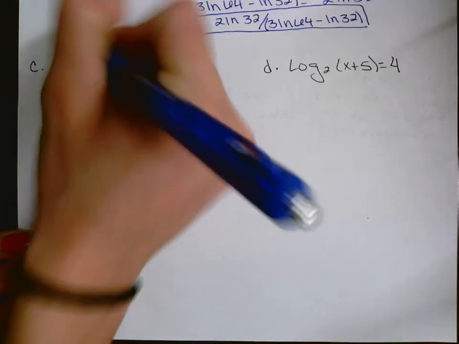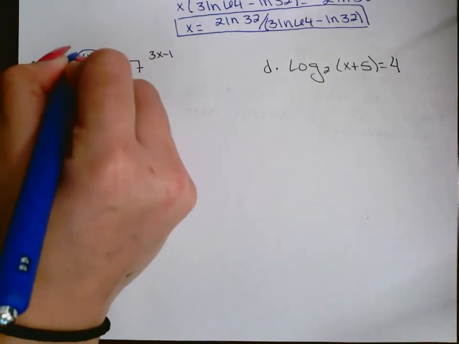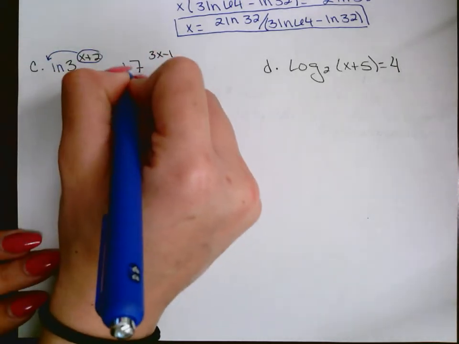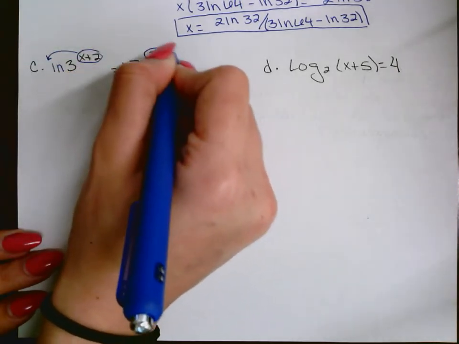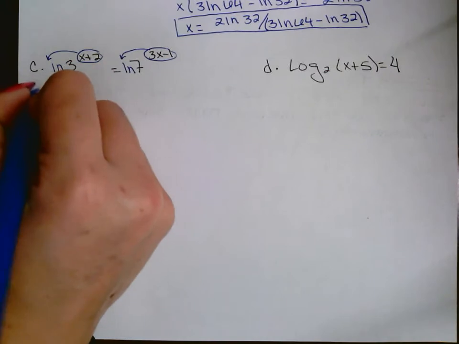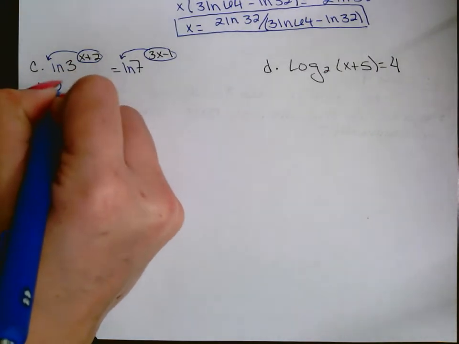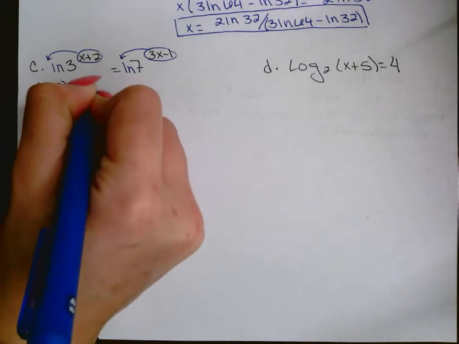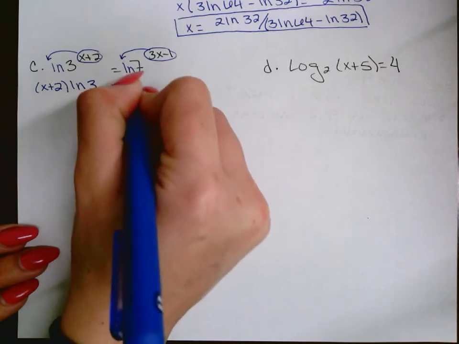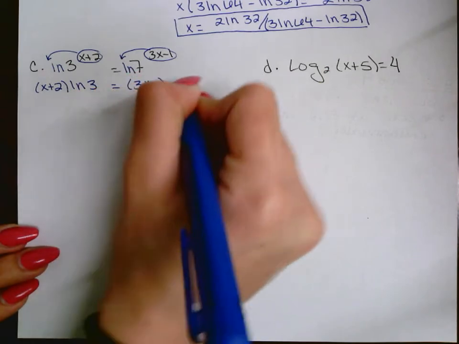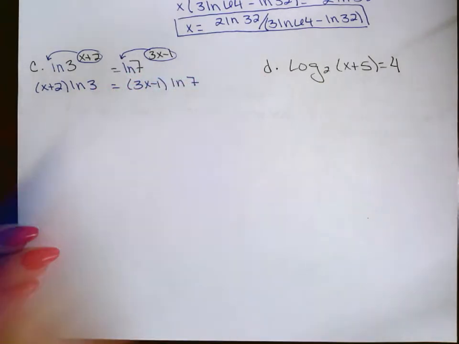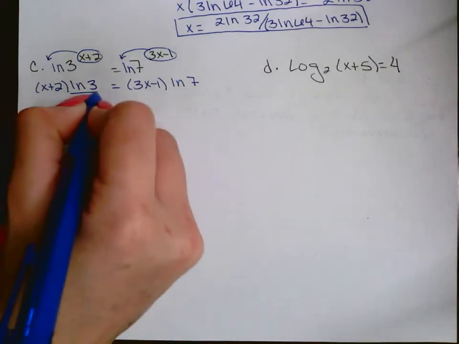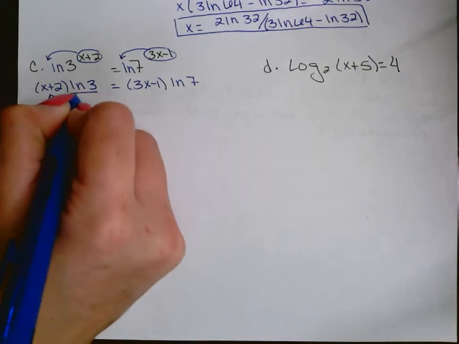So apply the ln to both sides to move that exponent to the front. Okay, now on both sides I have 2 terms, so on both sides I'm going to have to distribute.